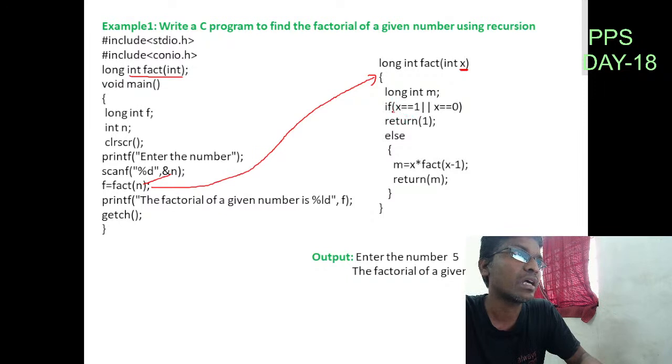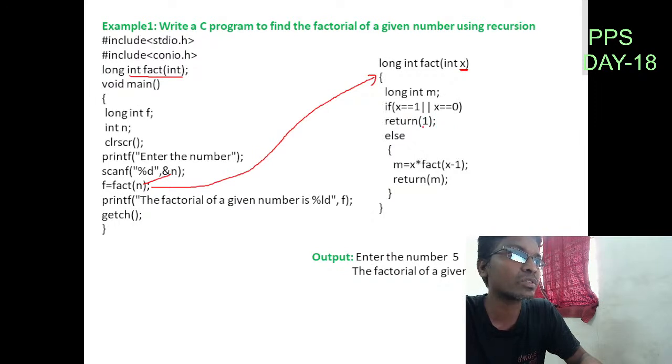Here I apply one condition: if n is equal to 1 or n is equal to 0, then it will return the factorial as 1 only.